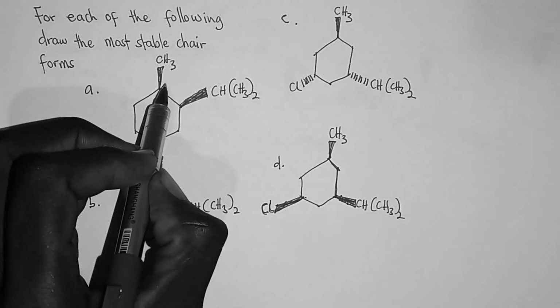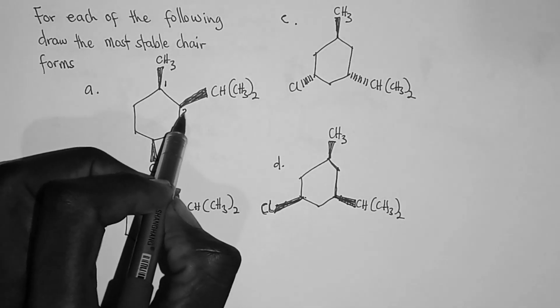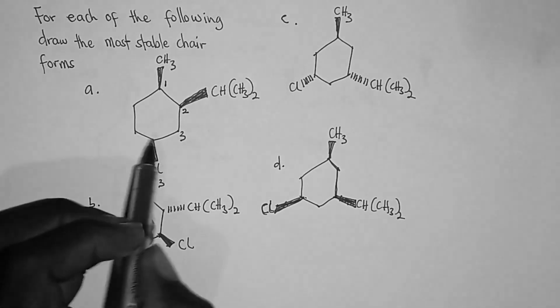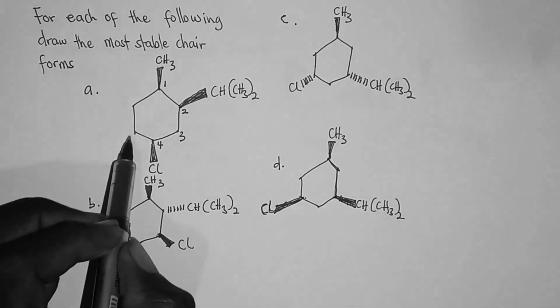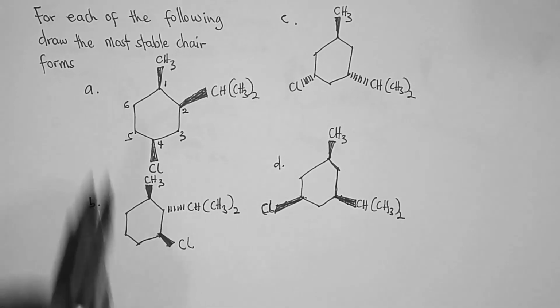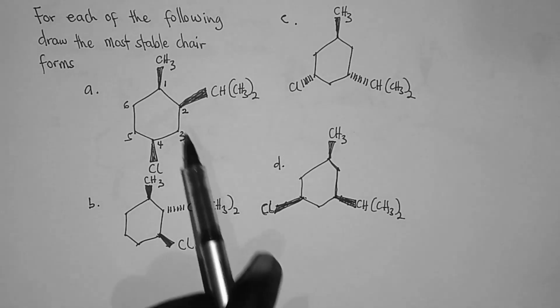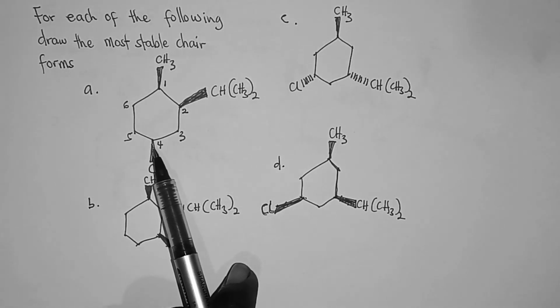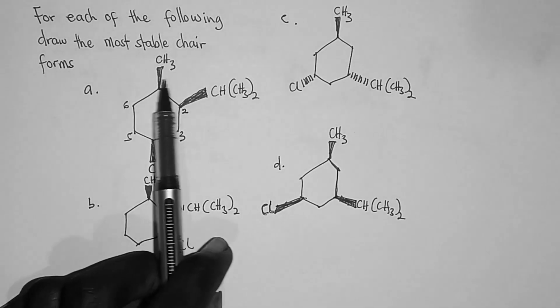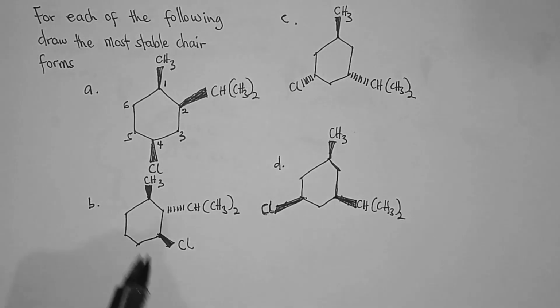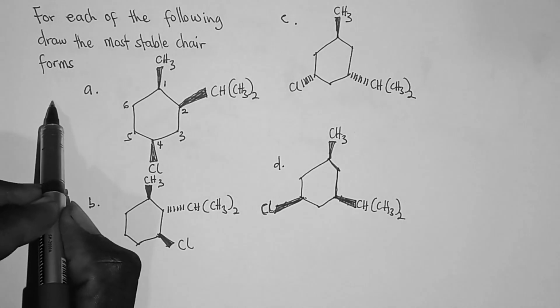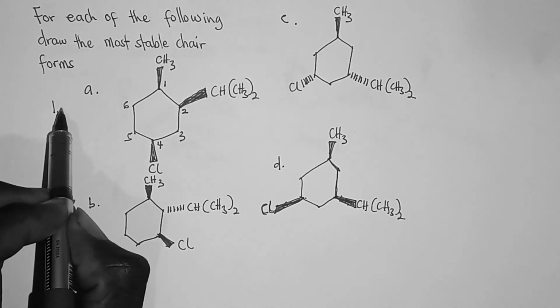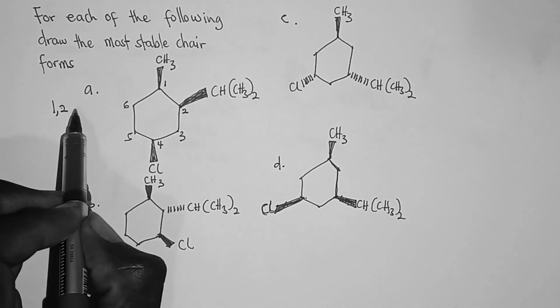So you can see that this is carbon number 1, carbon number 2, carbon number 3, and carbon number 4, 5, and then 6. Now, if we were to draw this in the form of the chair conformer, then you can see that between 1 and 2 is a cis relationship. So carbon number 1 and carbon number 2, they are cis.